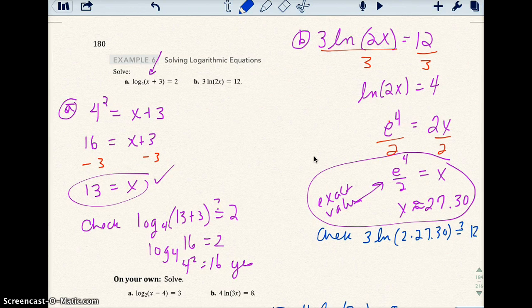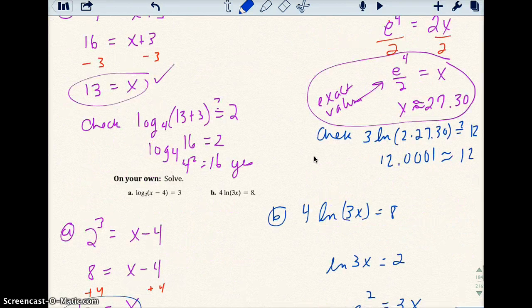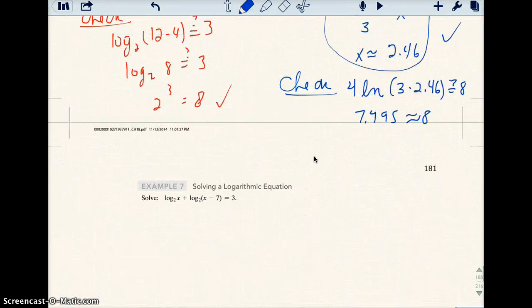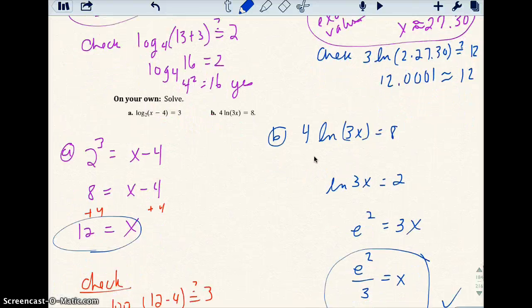If I do that, I get 12.0001, equal to 12. That does check. Okay, that one does check, and this one checks also.